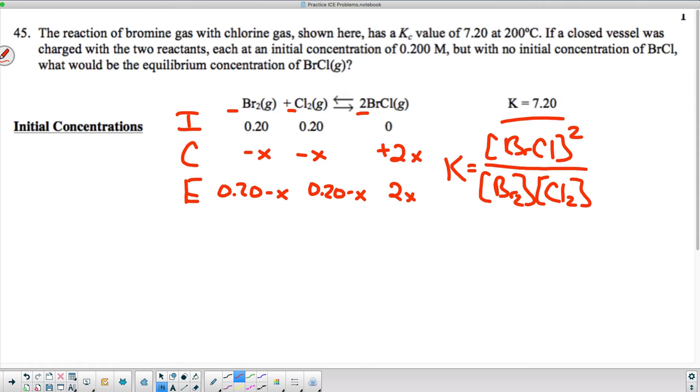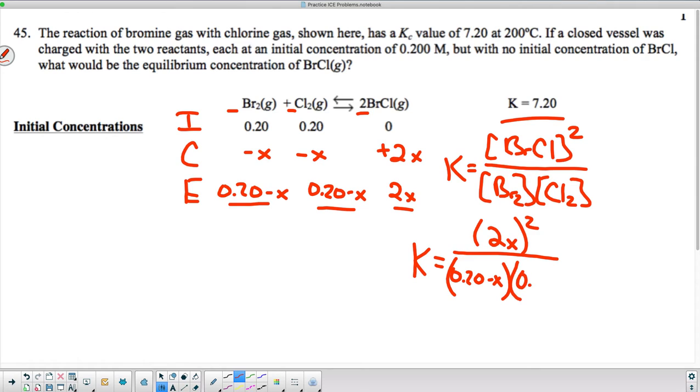So I do know my values for equilibrium. They are 0.2 minus x, 0.2 minus x, and 2x. So when I plug them into this K expression, what I end up with is 2x, the whole thing squared, over 0.2 minus x times 0.2 minus x, like that. And all of that equals 7.2.